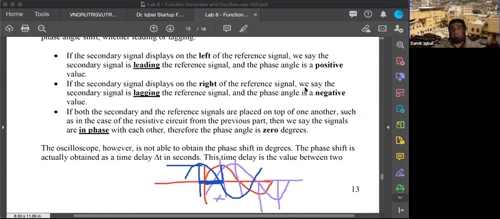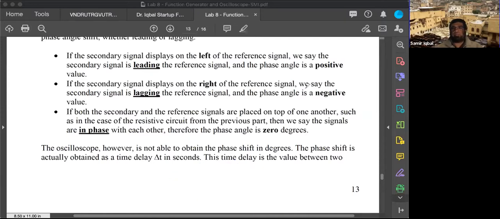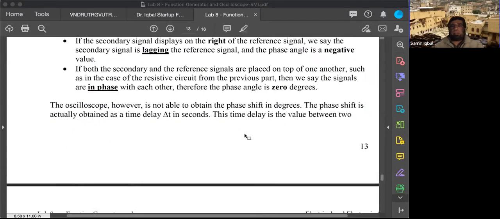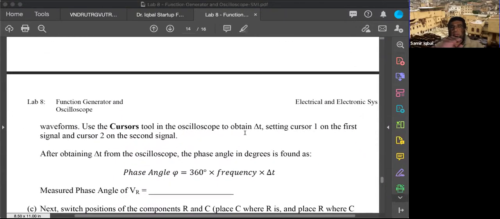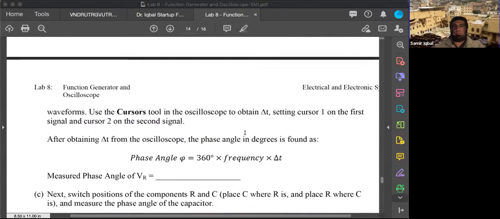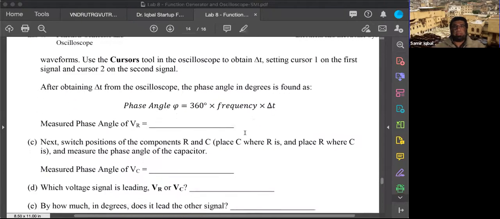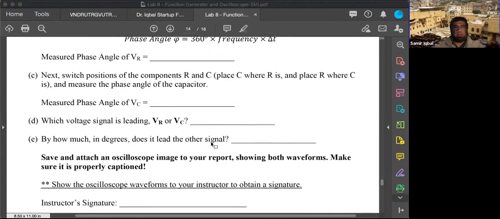All right, very good. If you don't, just raise your hand right now so I can redraw it or explain it further. This is where we use the cursor to exactly figure out how far they are from each other. We're not doing this, so I'll just skip through this part.